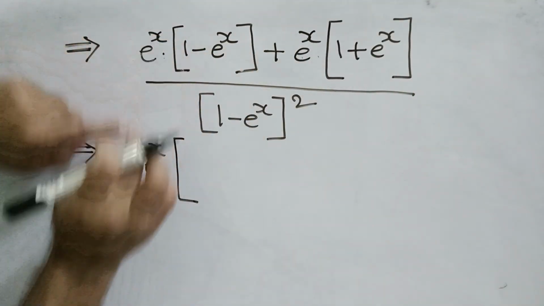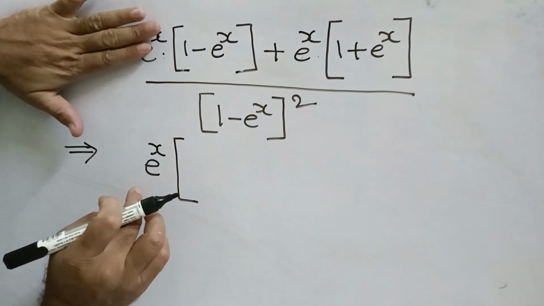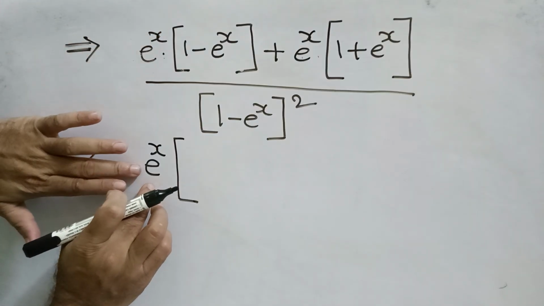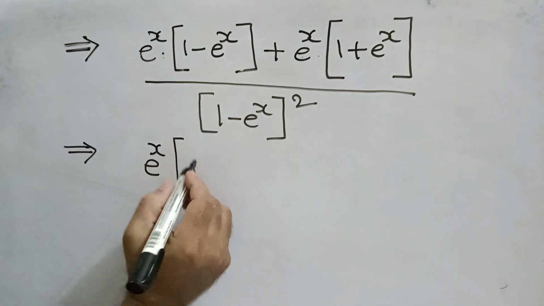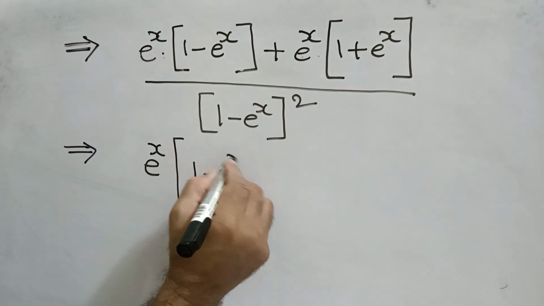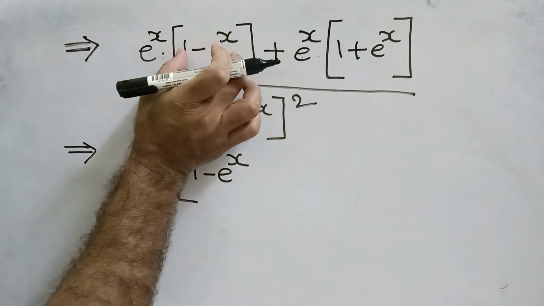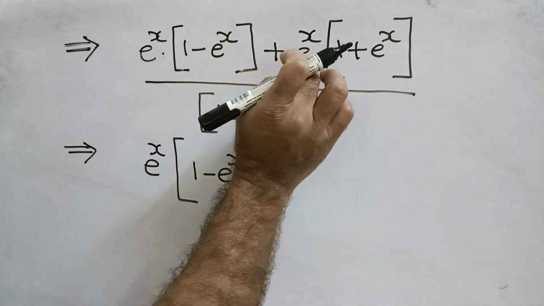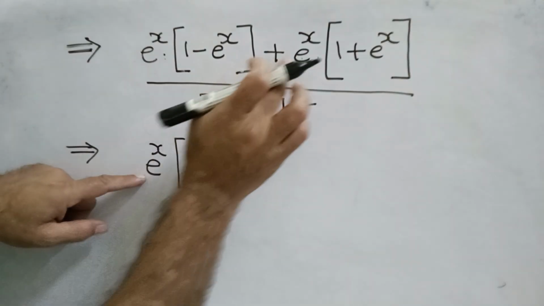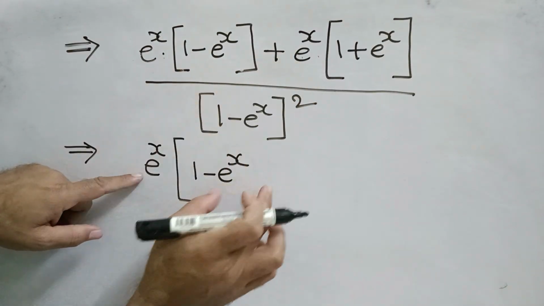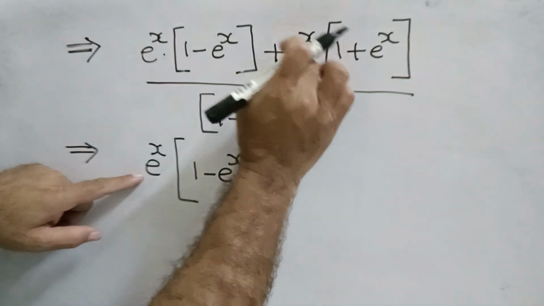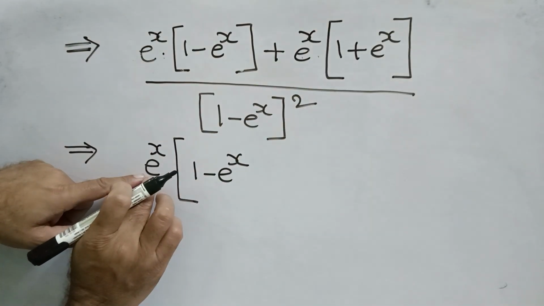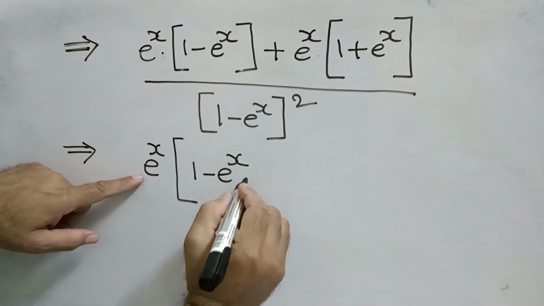Therefore, e power x, if you take outside, then what will you get in the bracket? 1 minus e power x. You will have this 1 minus e power x in the bracket. From the second term, I have already taken out this e power x as common, therefore plus symbol is there.